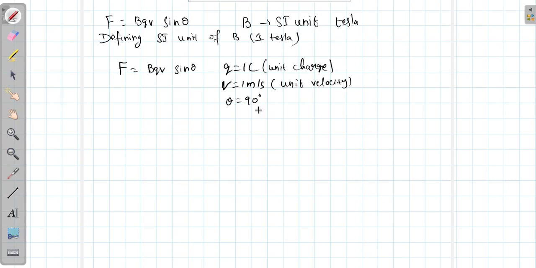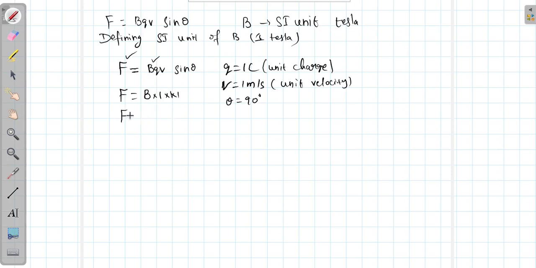The charged particle is moving with a velocity of 1 meter per second. The magnitude of the charge is 1 coulomb. It experiences a force produced by 1 Tesla. If I insert all the values, F is equal to B into 1 into 1 into 1.